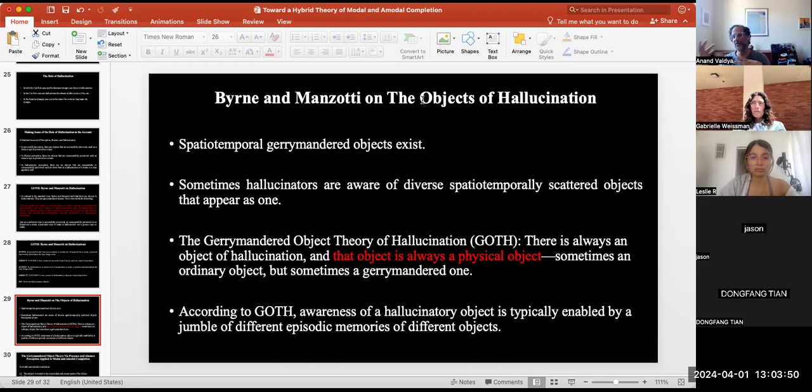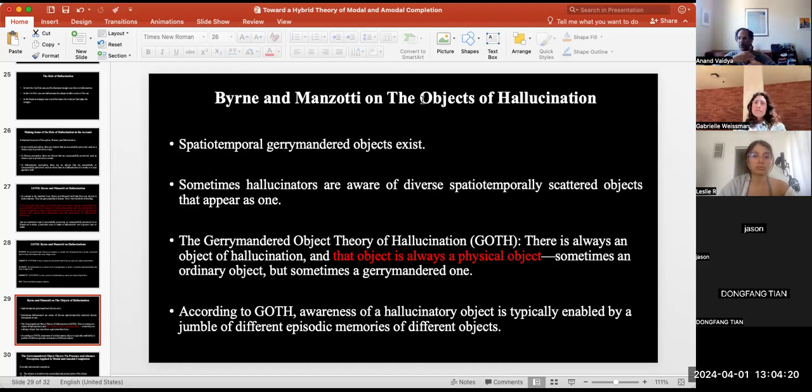Now they're adding another dimension, which is very important to their case, because in perception, we want to talk about the role of memory. So the idea is that you can have temporal gerrymandering. Temporal gerrymandering is like perceiving something 10 weeks ago and having it in memory, perceiving parts now, and then the brain merging the temporal thing from the past with what it's seeing now. That's temporal gerrymandering.